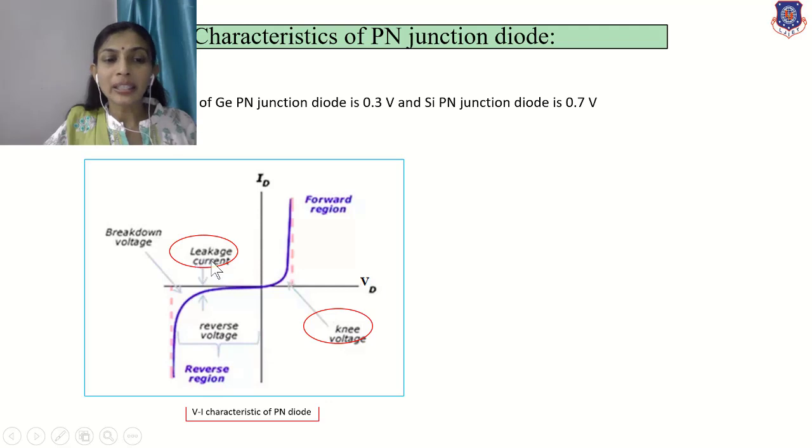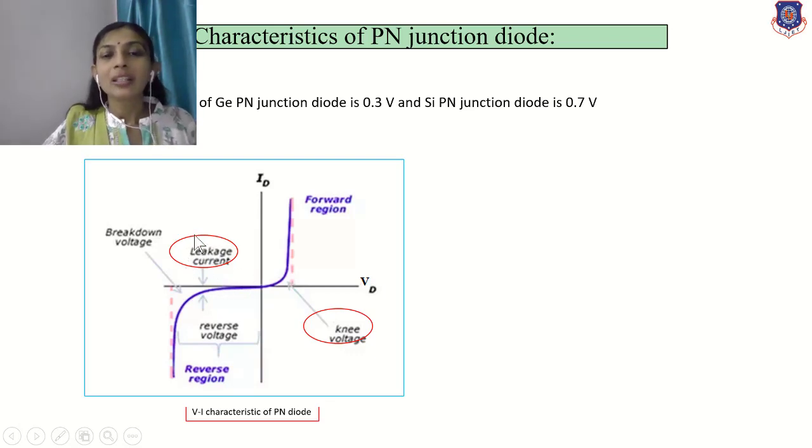The leakage current is the minimum reverse saturation current from which the diode will break down. This is known as the breakdown voltage and reverse voltage, the minimum current from which the diode gets breakdown. Actually not the diode but the junction gets breakdown, so excessively large reverse current starts to flow. But before that, leakage current exists due to the minority charge carriers.